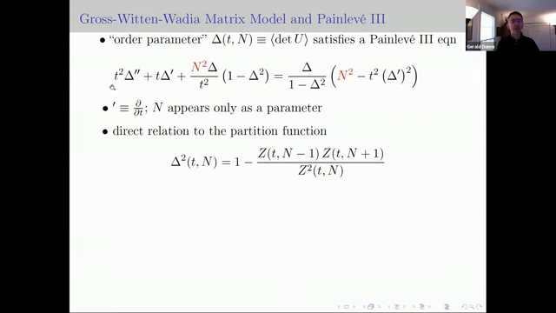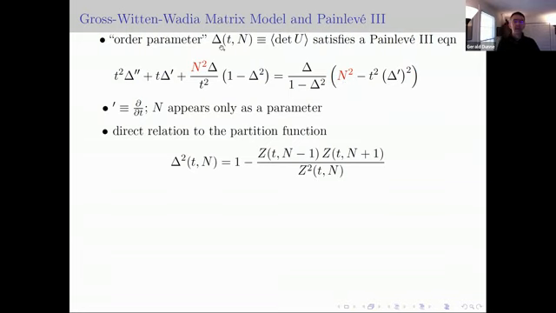Just look at this equation. We have a nonlinear differential equation. This delta is to the power of 3. Here's this inverse 1 over 1 minus delta squared. The derivatives, these primes, are derivatives with respect to t, but you see that n appears as a parameter in the equation.